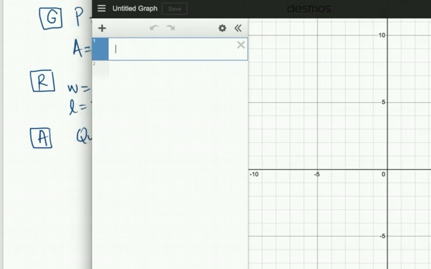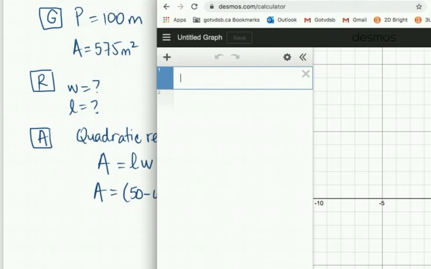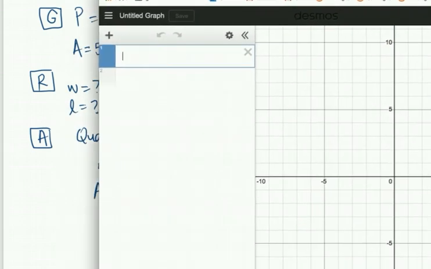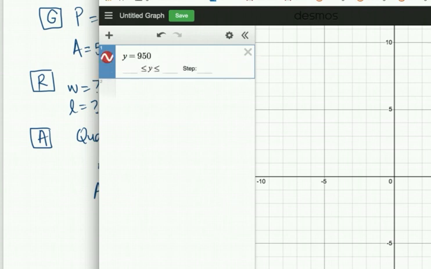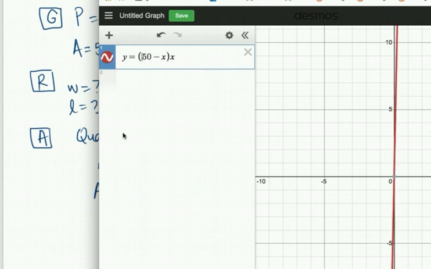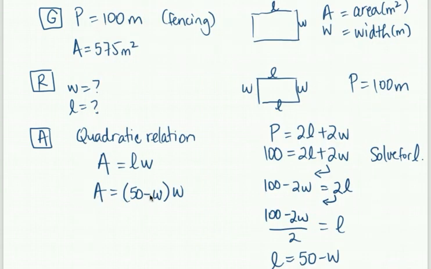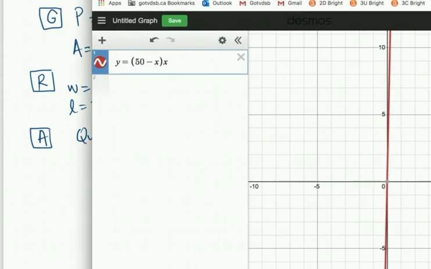A equals, let's just pretend it's like y equals, bracket 50 minus x, times x. So A equals (50 minus W) times W. Now we have our graph.